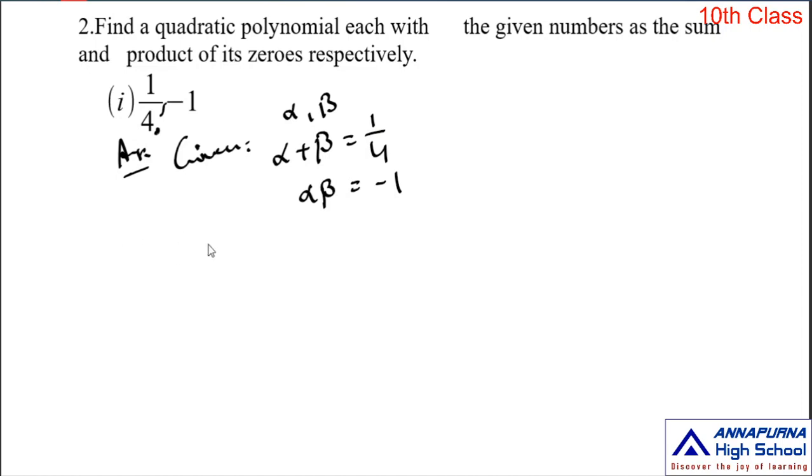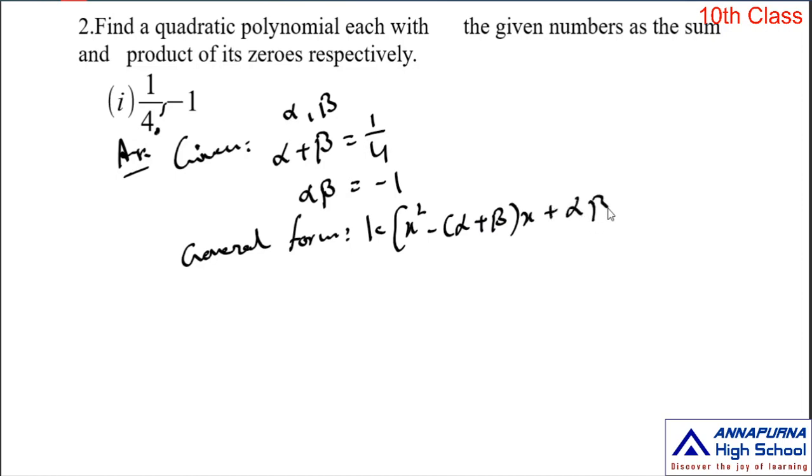First we write the general form. What is the general form of a quadratic polynomial? That is k into x square minus alpha plus beta into x plus alpha beta. So it is equal to k into x square minus alpha plus beta, that means the sum of the zeros, which is already given, 1 by 4, into x plus alpha beta, which is equal to minus 1.